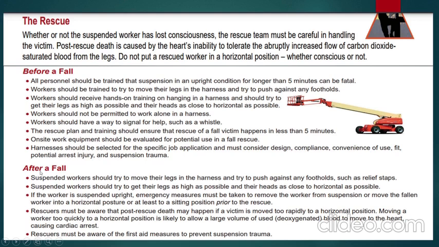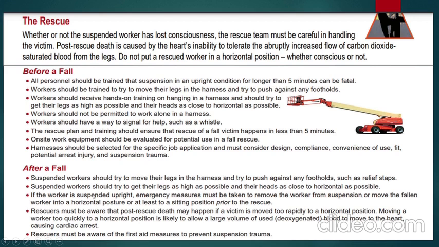And the procedure which we have to follow after a fall of a worker. Suspended workers should try to move their legs in the harness and try to push against any footholds such as relief steps. Suspended workers should try to get their legs as high as possible and their heads as close to horizontal as possible.